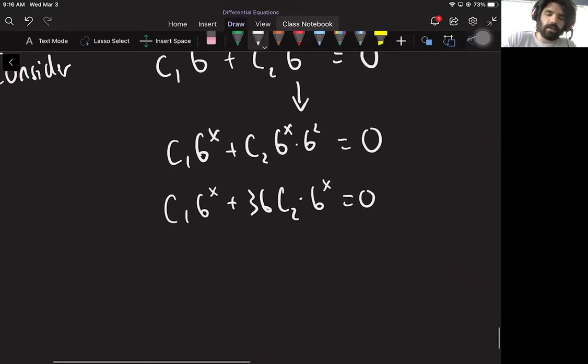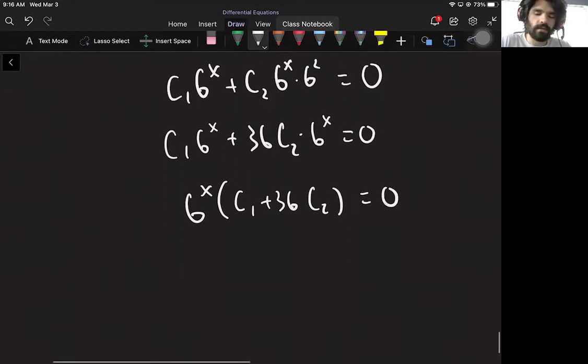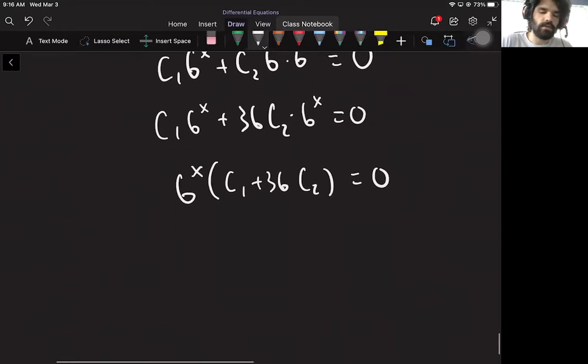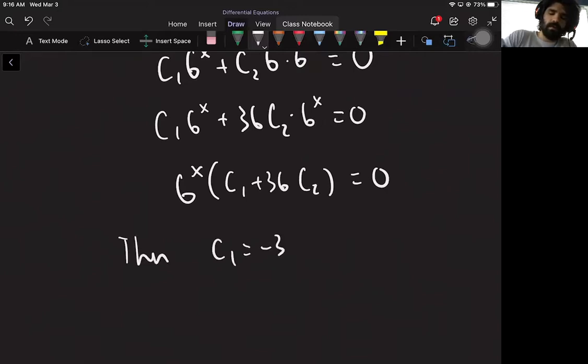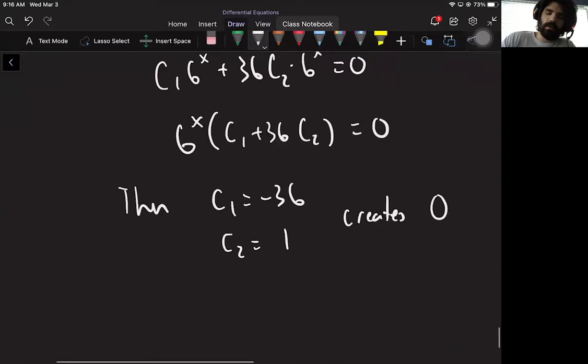So then I can take out my 6 to the x and then I can find constants C1 and C2, making this be 0 without just cheating. For example, C1 equals negative 36 and C2 equals 1 creates 0.